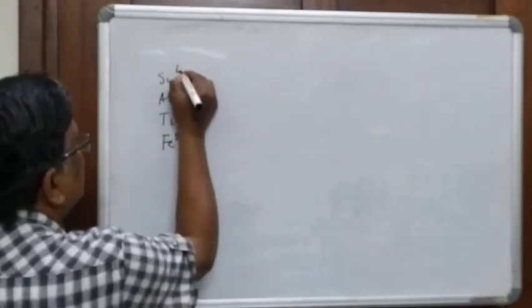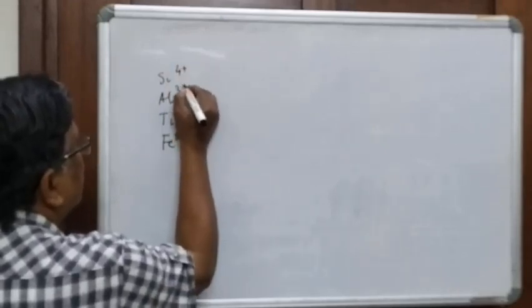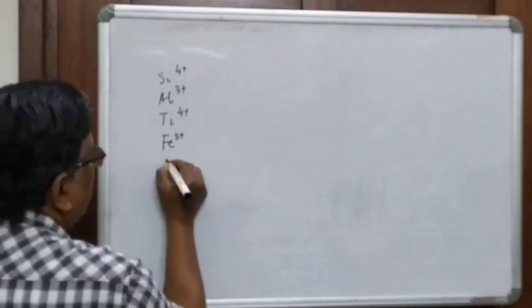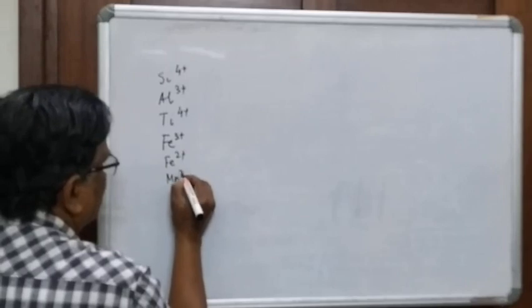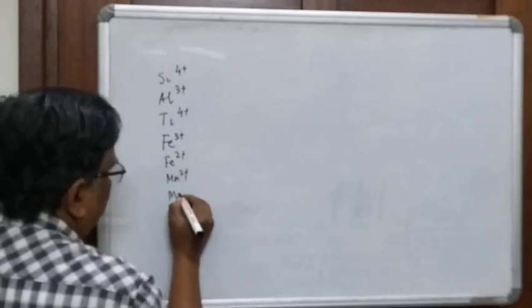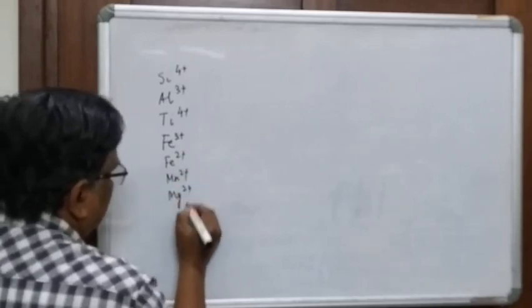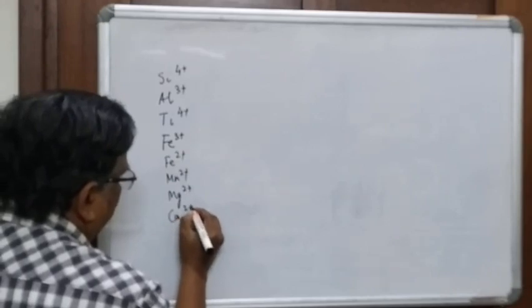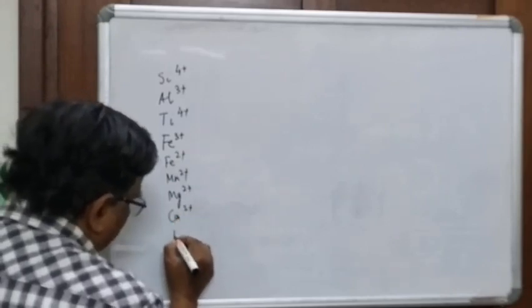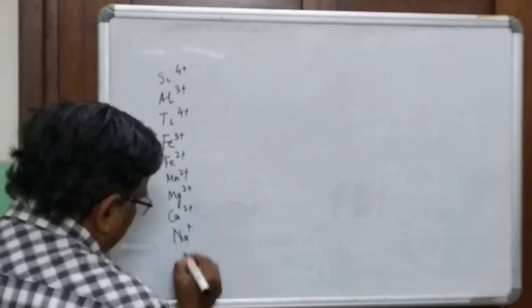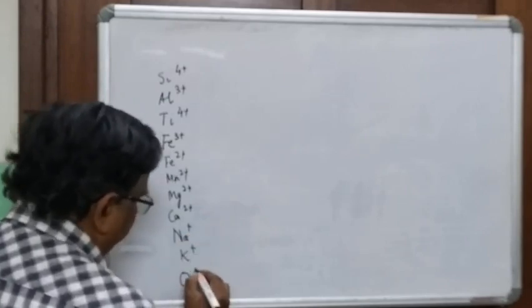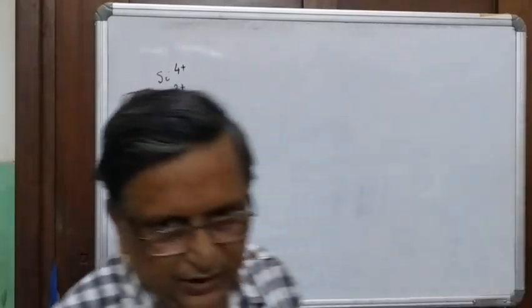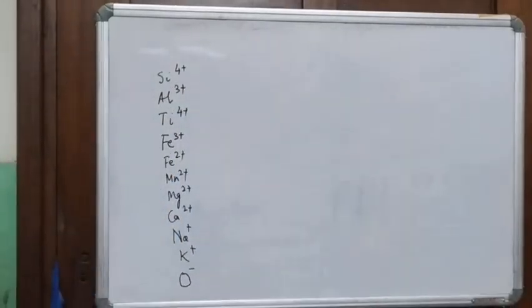Remember, this is 4 plus, this is 3 plus, this is 4 plus, then Fe2 plus, Mn2 plus, Mg2 plus, Ca2 plus, Na plus, K plus, and then we have oxygen, 2 minus. That is the important thing, the oxygen.